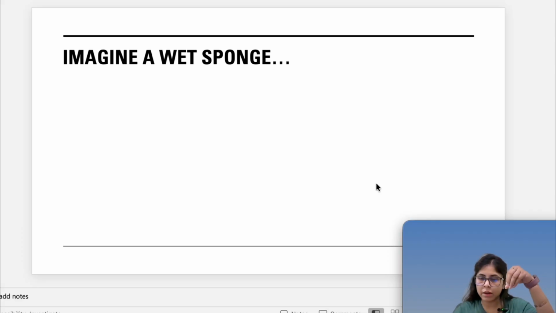And if we lift it up, the water will drip out of the sponge, right? After some time the dripping will stop, but the water will still be there in the pores of the sponge, right? And if we simply squeeze the sponge, what will happen after that? More water will come out.